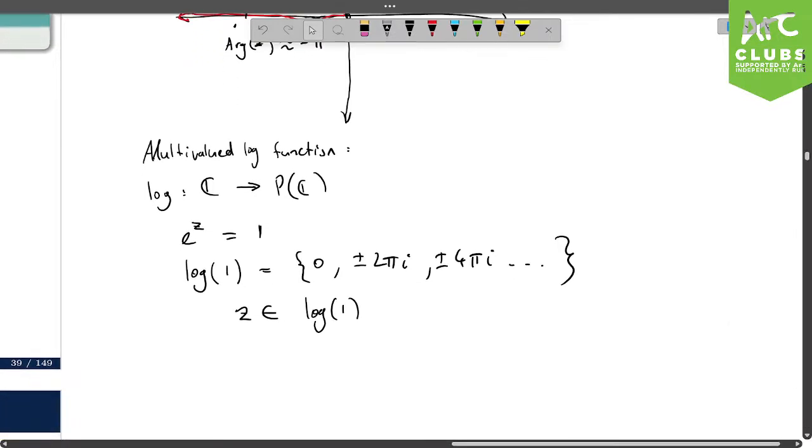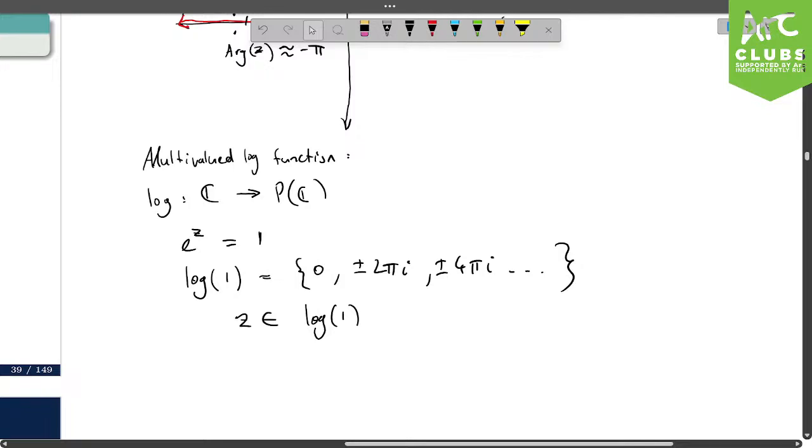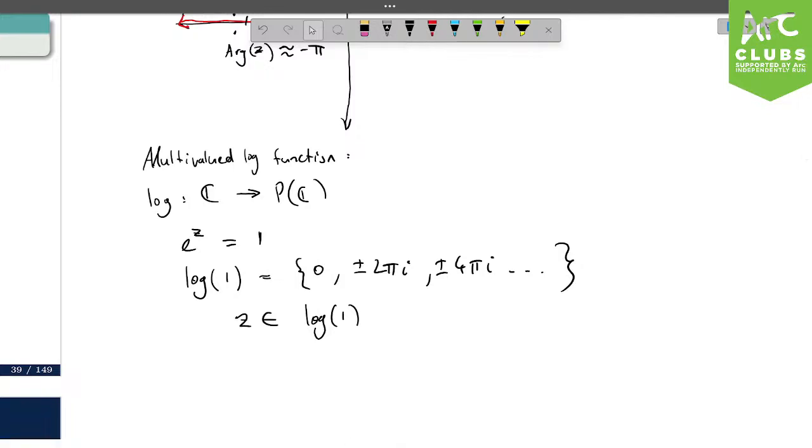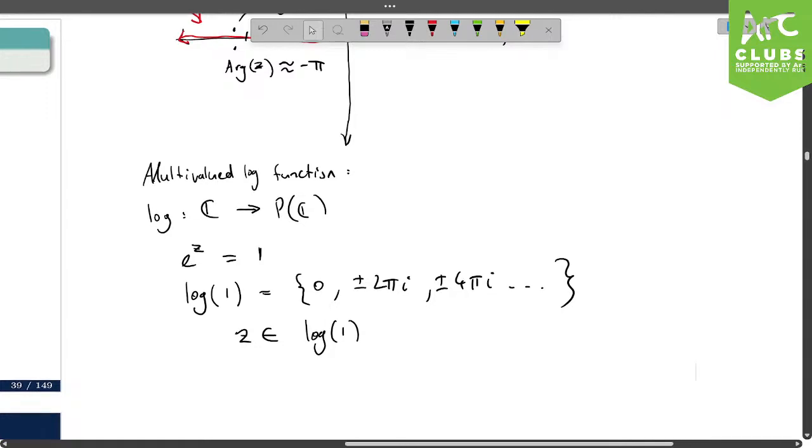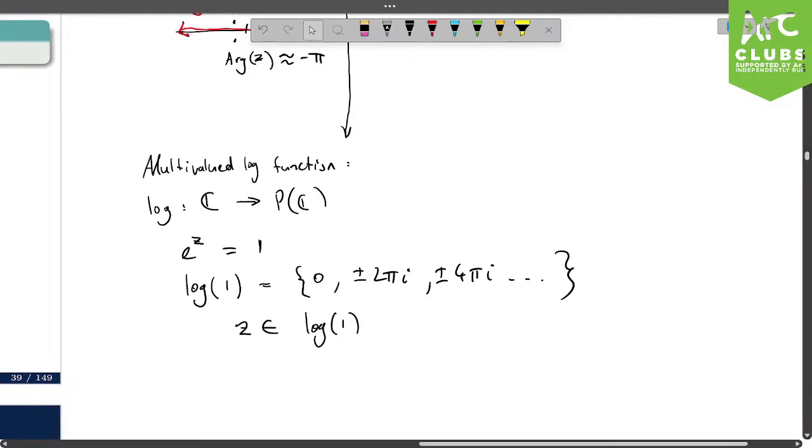So in a way, we're not losing information anymore when we solve for a particular value of z, because the output of our function contains every possible solution that would satisfy e to the z equaling 1.